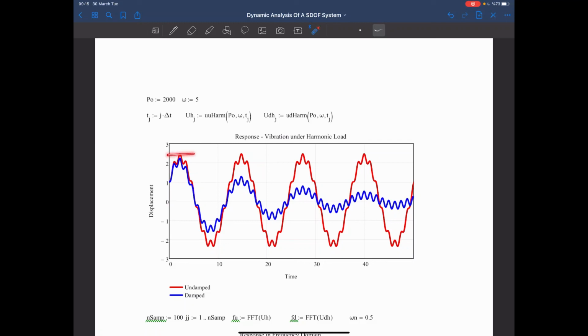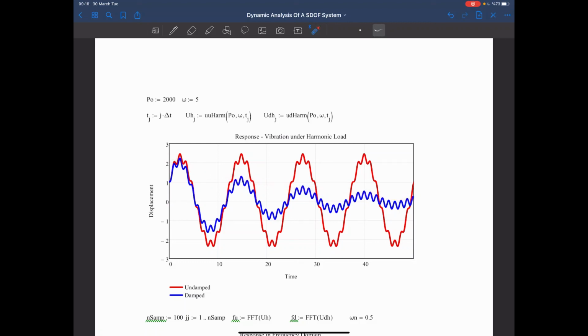Again, undamped vibration will have the same amplitude, it doesn't change, and we see a similar decay curve. Maybe it's more difficult to track because the effect of the loading also confuses us. It makes it very difficult to see the peaks, but again we see a decay here.